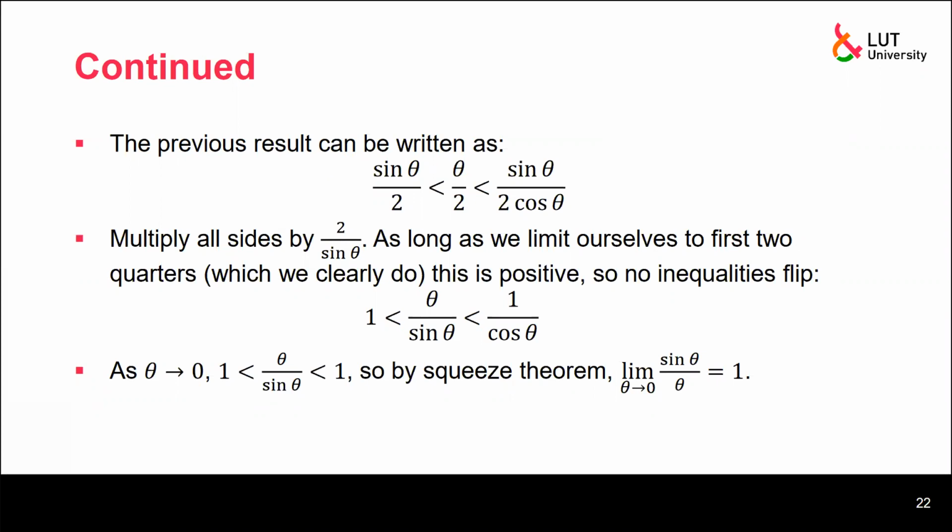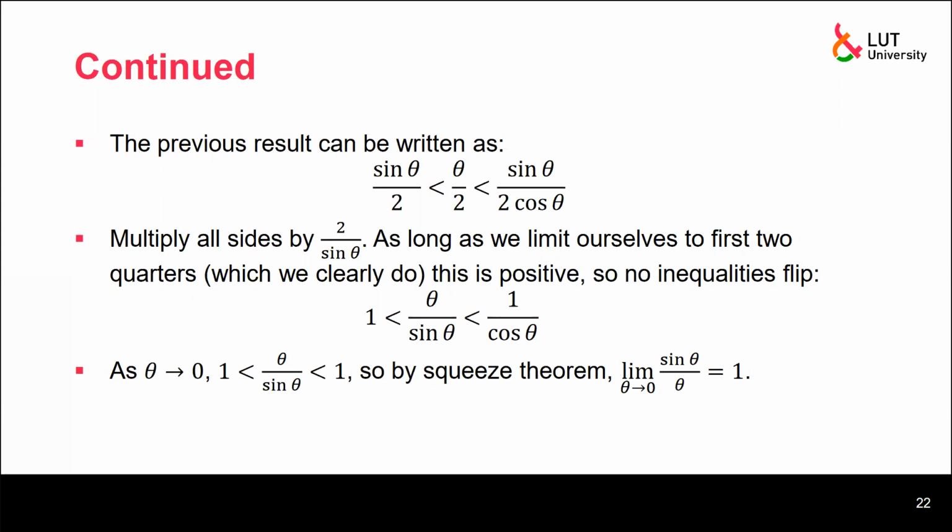We are on the first quarter, so that's good enough. Sine is positive, so we do not end up with negatives. Why was this important? If an inequality is multiplied by a negative factor, then we need to remember to swap the signs around.